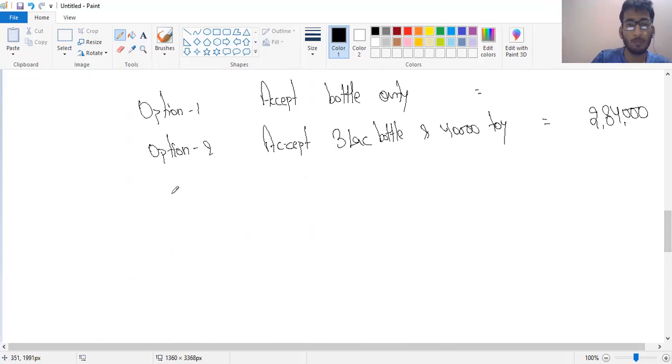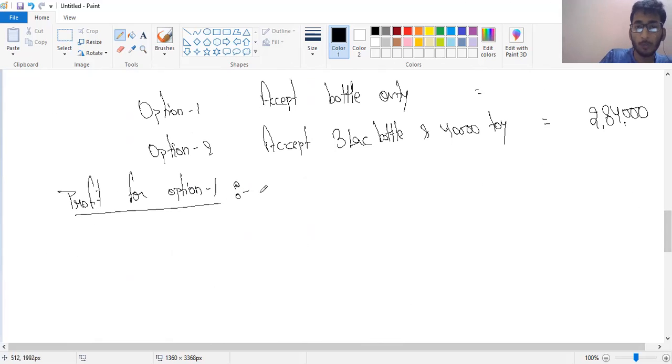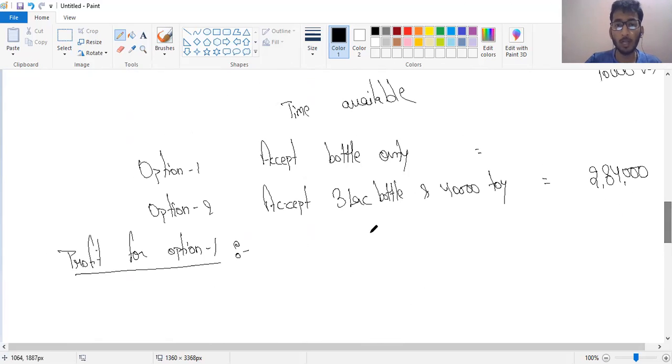And if I specifically go only with the bottle, what would be my profit now? Profit for option one. Sales would be 4 lakh multiplied by 0.8, I can say 3 lakh 20,000.